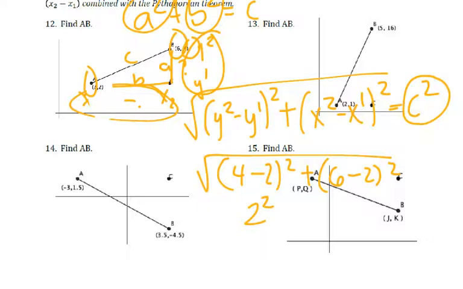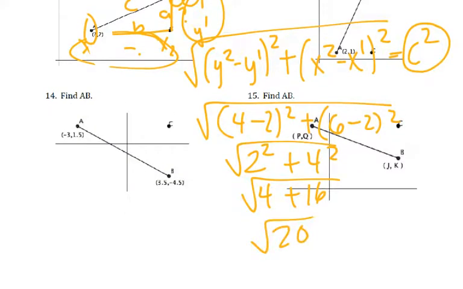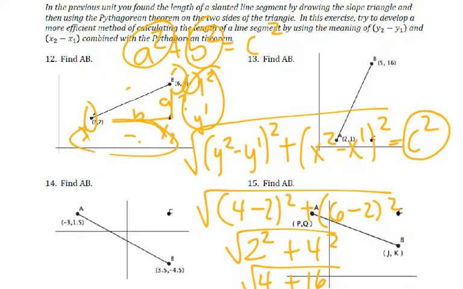So that would give me 2 squared plus 4 squared, all under the radical. 4 plus 16, which would be the square root of 20, which if we plug that into our calculator, we'd get about 4.5. It was 4.47, but we'll round up to 4.5. So that distance here was 4.5.